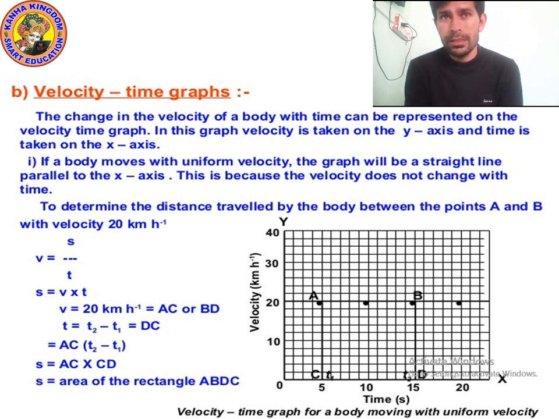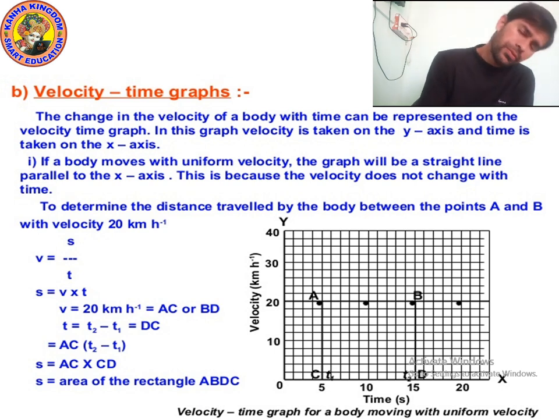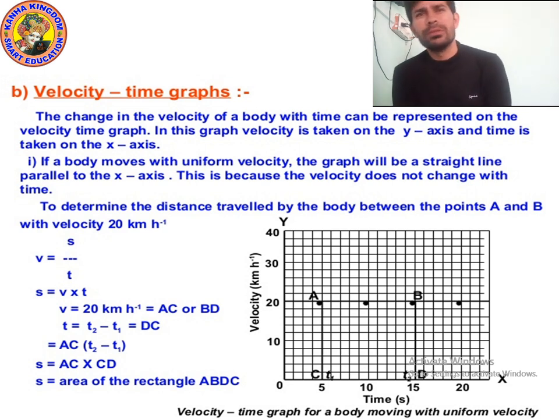The distance time graph for uniform motion is always a straight line, or linear graph. This is because in uniform speed a body travels equal distance in equal intervals of time.